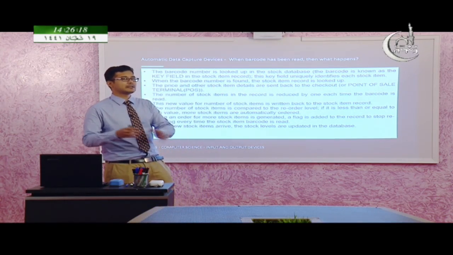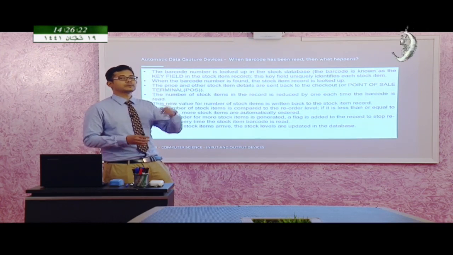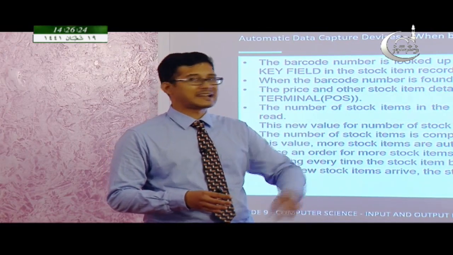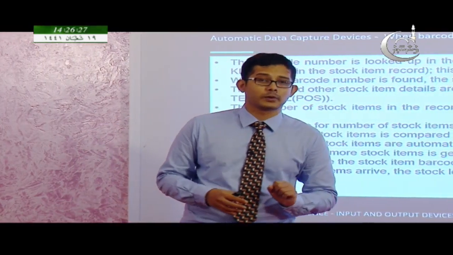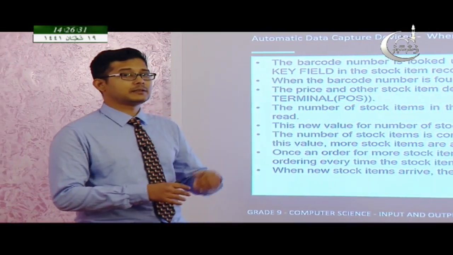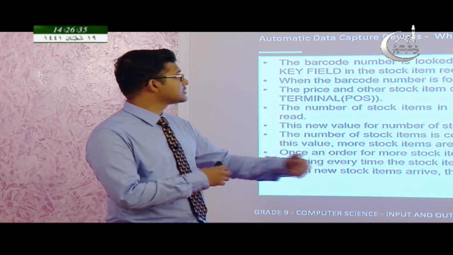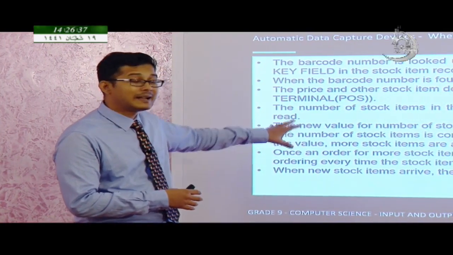Once it is scanned and taken out, that particular item's stock will be reduced by 1. It continues as a process until it reaches a minimum stock level. When it reaches the minimum stock level, the software will ask for a reorder. This is how basic stock control works with the help of a barcode.